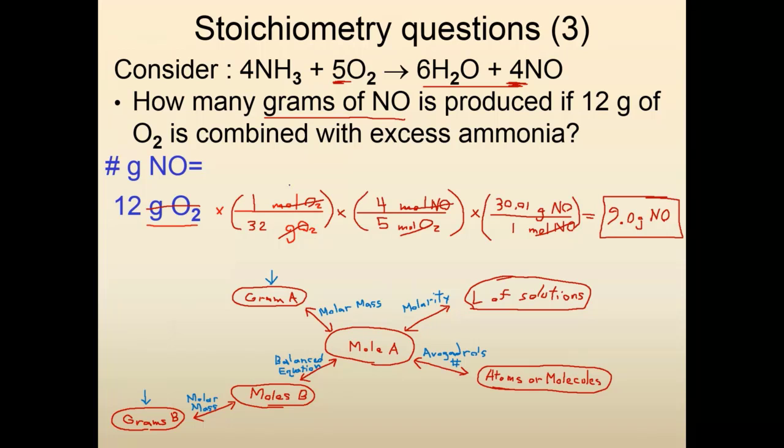Once I have the moles of O2, I can go to moles of something else by going from moles of A to moles of B using the balanced equation. Once I have moles of B, I can convert moles of B to grams of B using the molar mass.